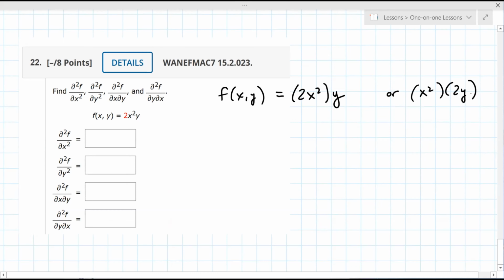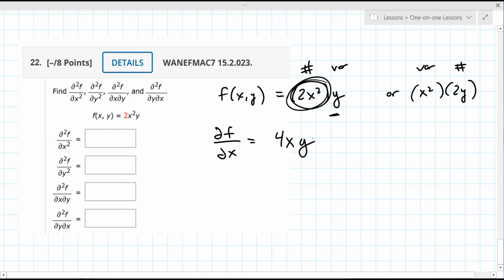Maybe that's not even all that clear, but what I was trying to show you is sometimes you just look at it as a number times a variable. The derivative here with respect to x, first function, you take the derivative with respect to x. So that's where you're taking the derivative of this 2x squared, which is 4x, and the y comes along.